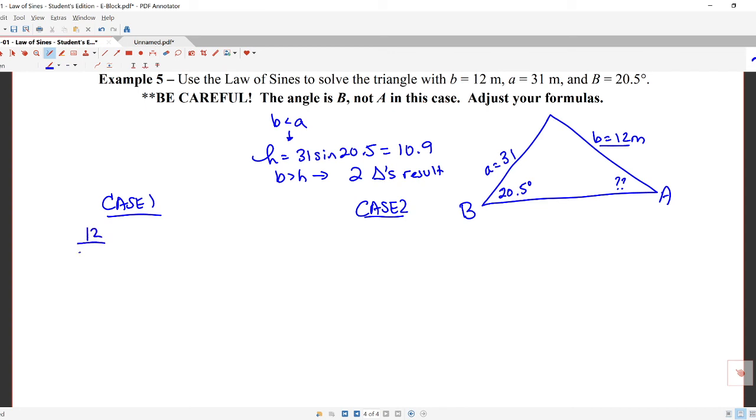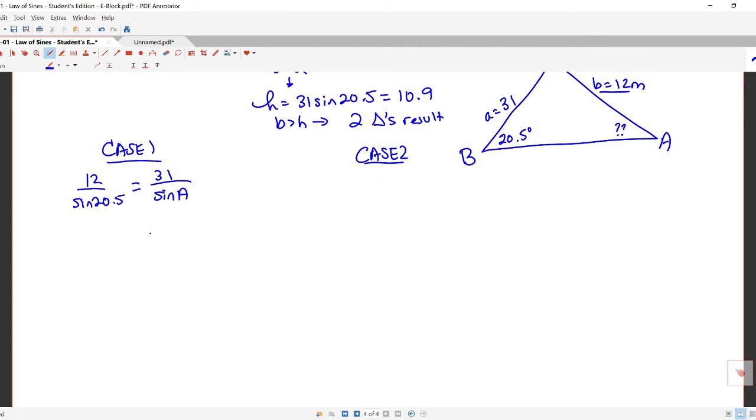So that's 12 over the sine of 20.5 equals 31 over the sine of angle A. For time's sake, I'm going to trust that you can cross multiply and solve. What you should get in this case is that A comes out to be 64.8 degrees.